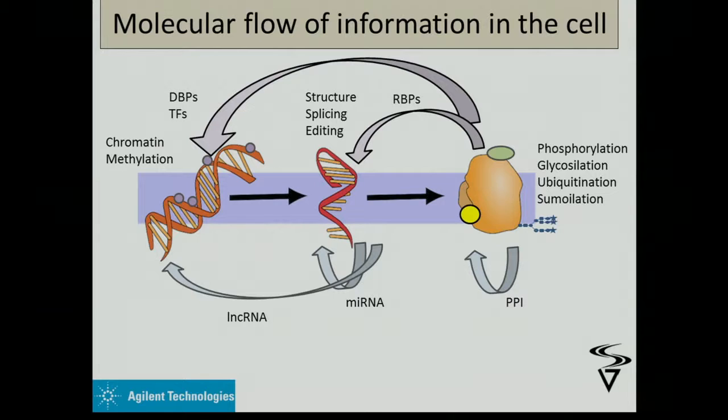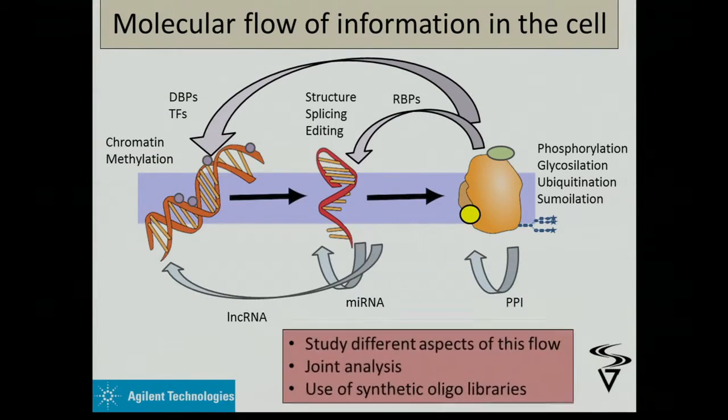So to understand how cells operate in any context, whether it's disease and health or any other context, we would like to understand as much as possible of these different layers of this actual molecular flow of information in the cell.